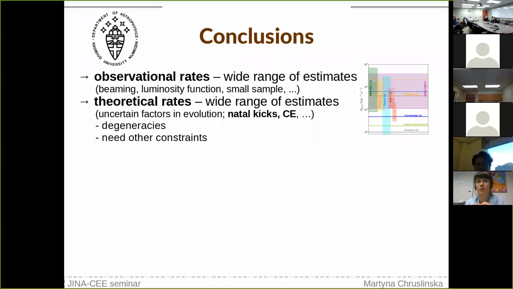And then I moved on to theoretical estimates, which again deliver a pretty wide range of estimates due to uncertain factors involved in the evolution of binaries. For double neutron stars, the most important are natal kicks and common envelope. And I stressed that those solutions are degenerate, and we need to use also other observational constraints.